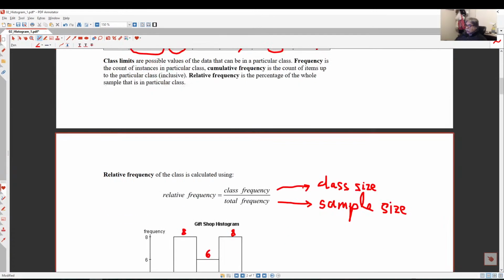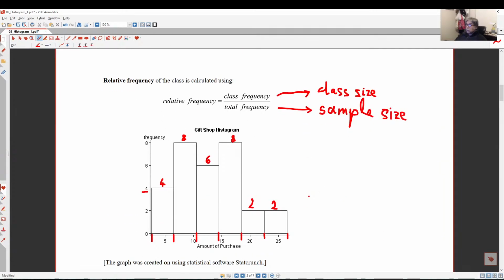This is a histogram, which is also called a frequency histogram, because we use the frequency for the height of the bar. We could have used relative frequency, and in that case we would have something called a relative frequency histogram. The graph gives you information about the distribution of the data.